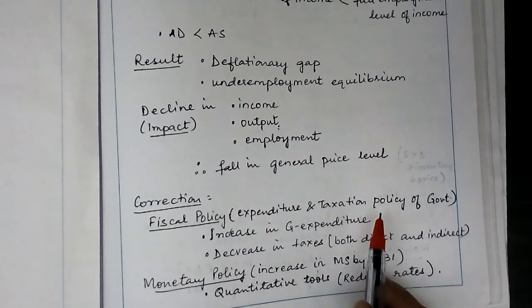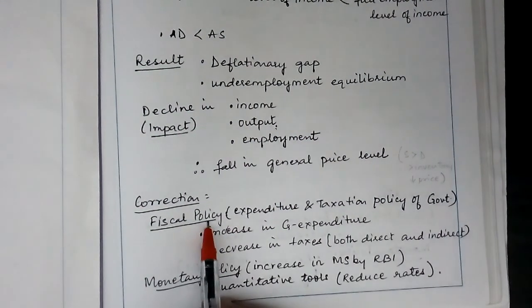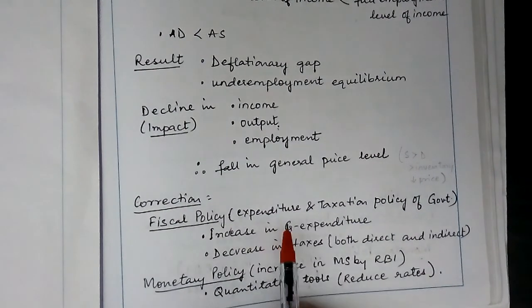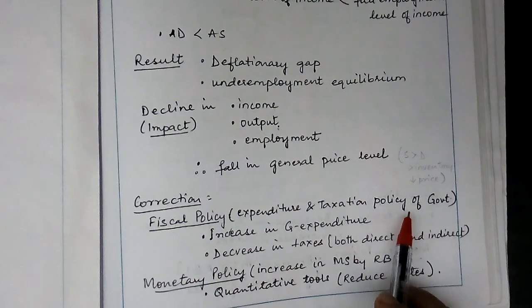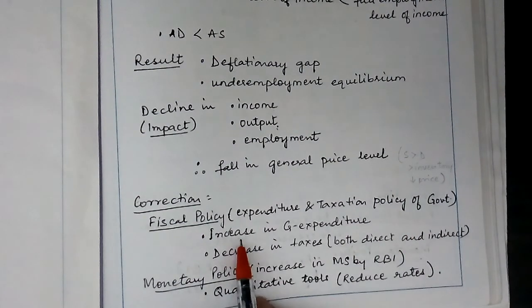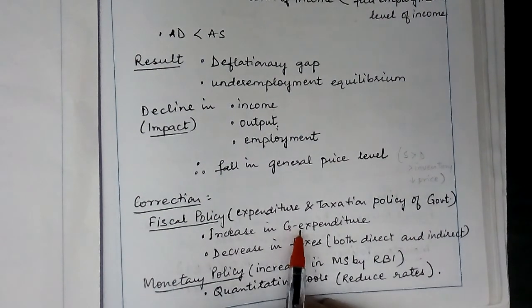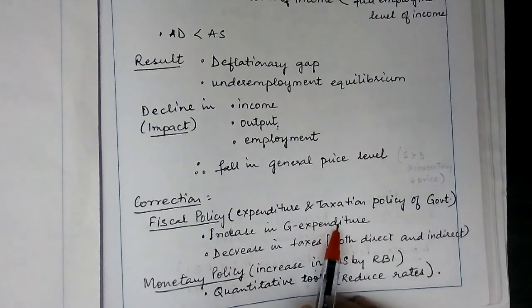The government brings about a fiscal policy, that is the government expenditure and taxation policy. Here it either increases the government expenditure. What do we mean by an increase in government expenditure?